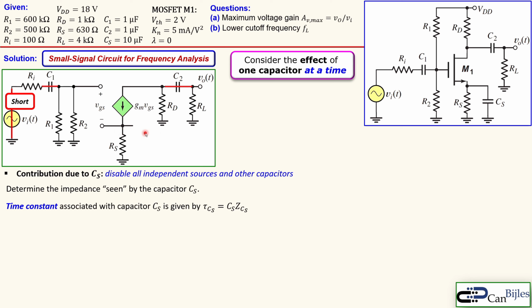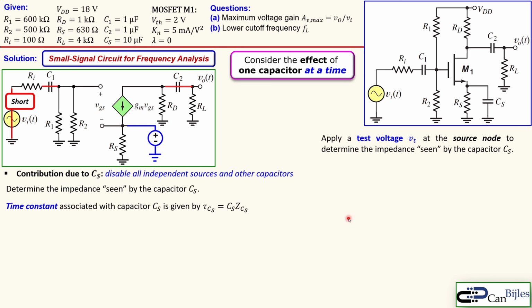So that means I can now here, that is one of the options, apply a test voltage, I call it VT, at the source node, and then determine the current because of this test voltage, and then determine from there the impedance using Ohm's law. So in more detail, this is now the voltage I apply, which is our VT, which is our test voltage.